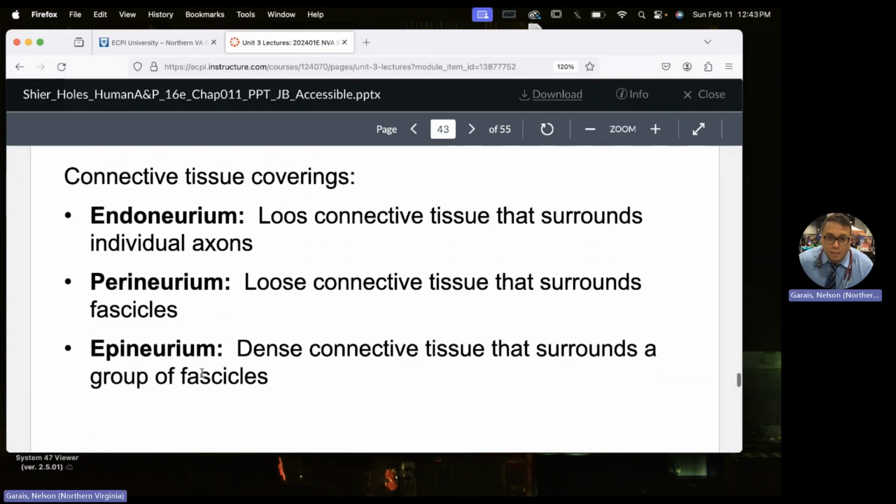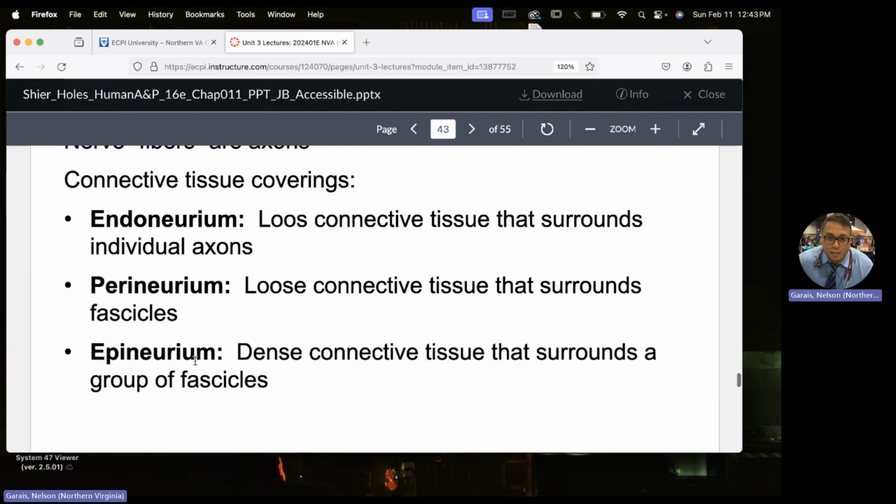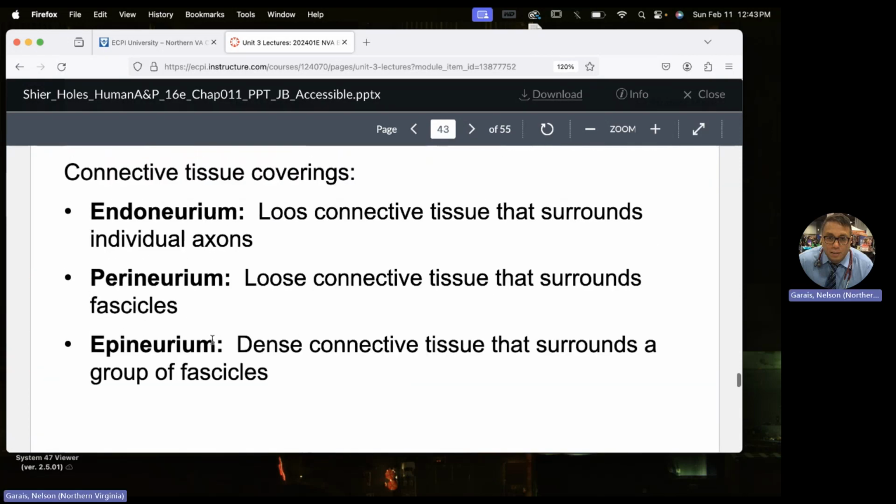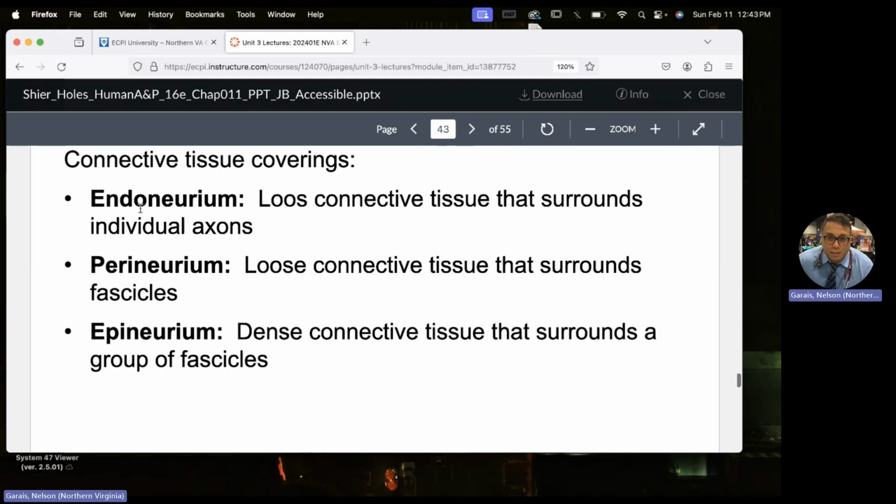Endoneurium, perineurium, epineurium. I don't know why they put this in the wrong order, but the what do you call that? The perineurium. I hate looking at this. This is confusing me. But if you want to use your medical terminology powers, endo's got to be the coverings on the very inside. So it's going to cover what? Axons.